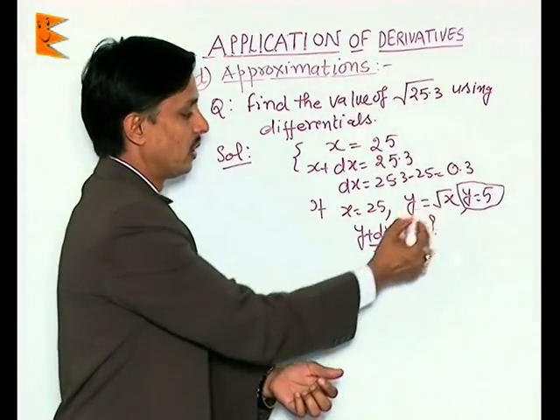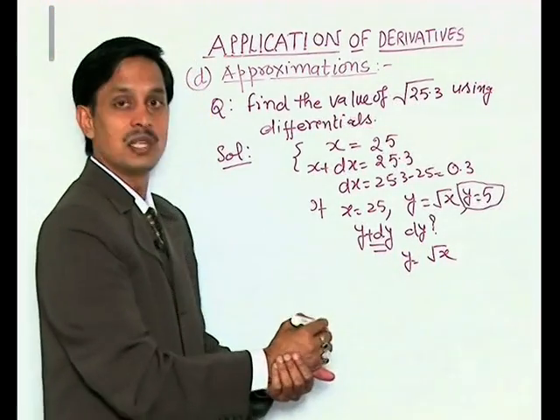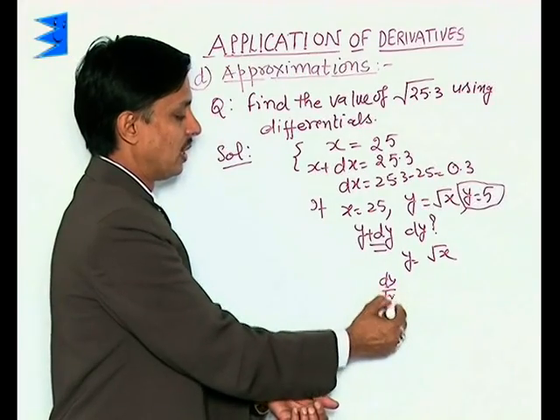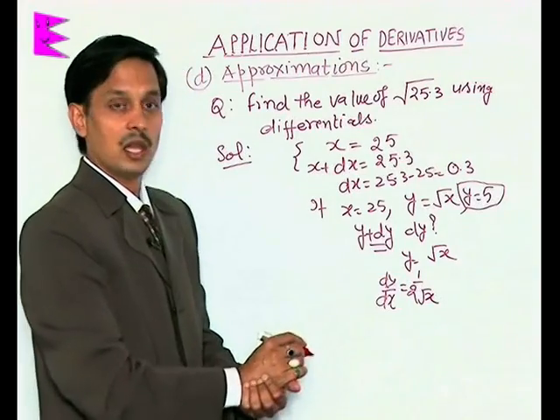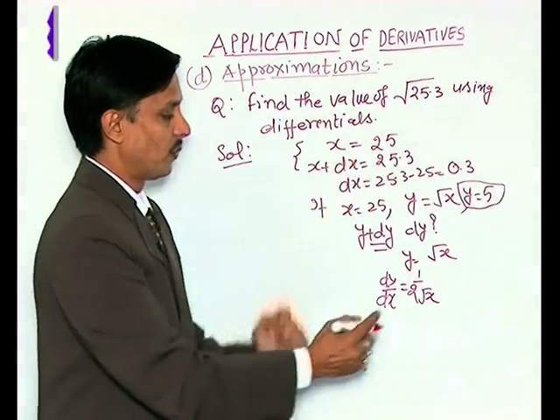We can calculate this answer only if we know the answer of dy. To obtain it, y equals root x will be differentiated both sides with respect to x. So, the answer of dy by dx becomes 1 by 2 root x, and x is 25.